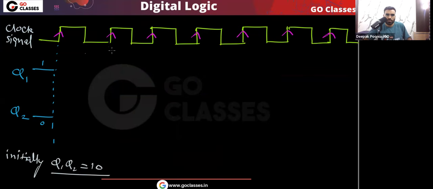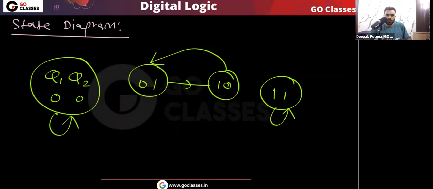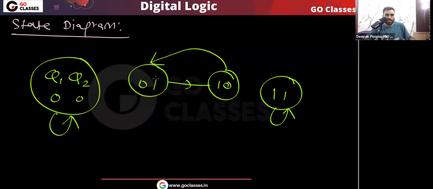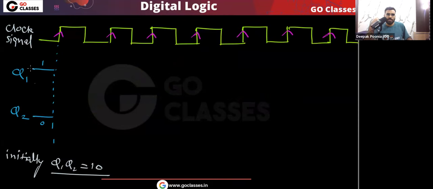Now let's see from 1, 0 what the next state will be. If you are in state 1, 0, the next state will be 0, 1. If you are in state 0, 1, the next state will be 1, 0. They will just keep going like this. So if the initial state is 1, 0, then at the rising edge it will become 0, 1: this will become 0 and this will become 1.